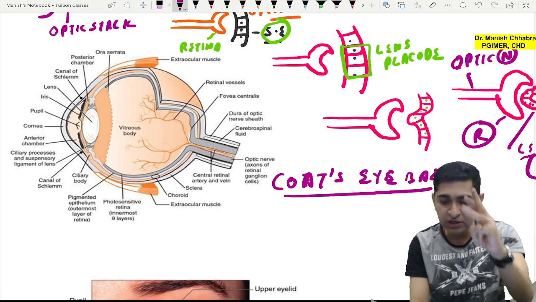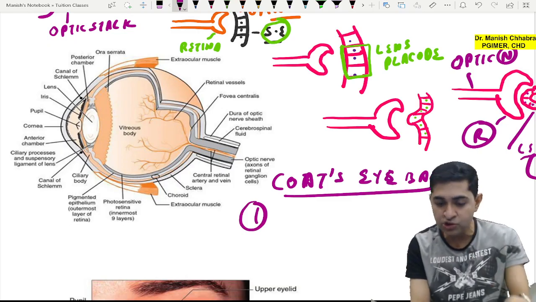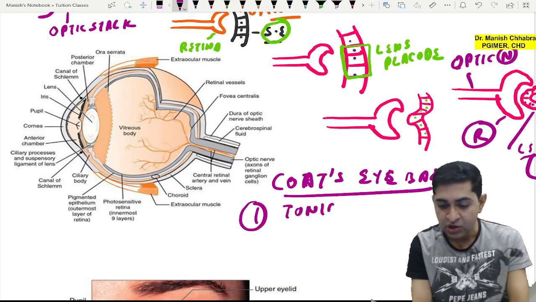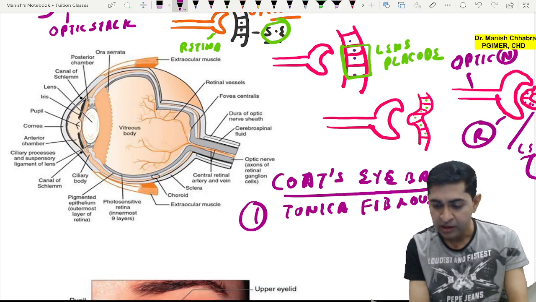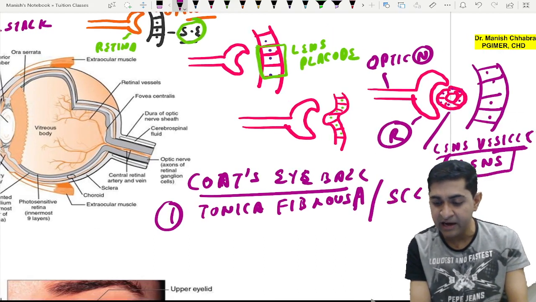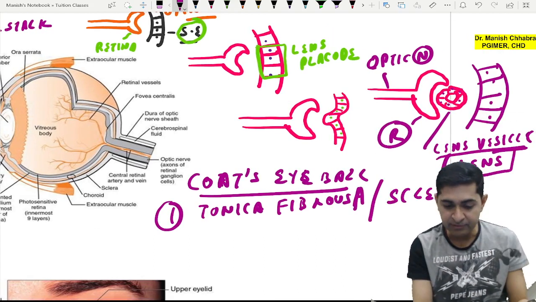So it has 3 coats. One is the outermost coat, which is known as tunica fibrosa. It is fibrous, so it is your sclera. Write with me.